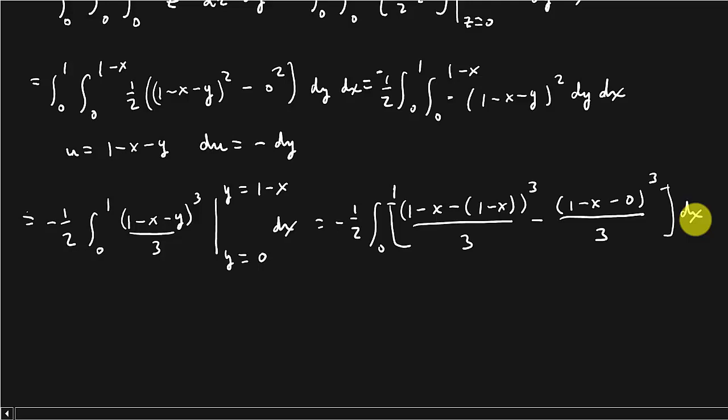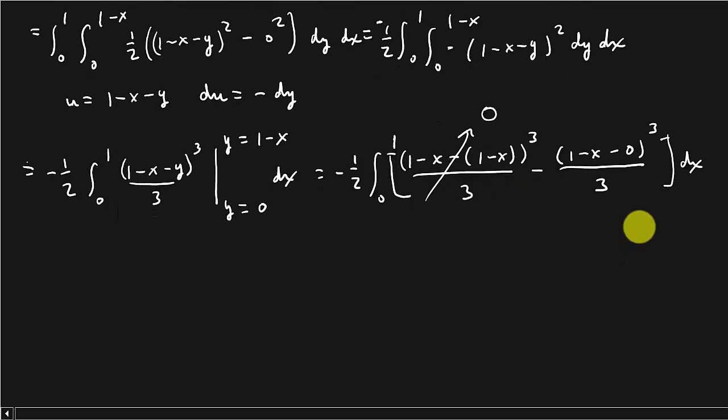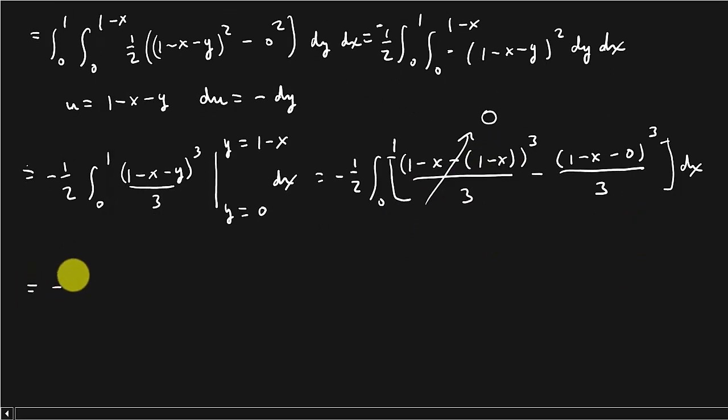All right, so let's see what we have. Now, hopefully you can see here 1 minus 1 is 0, negative x plus x is 0. This term right here is going to go to 0. And so that's going to leave me with negative 1/2, integral 0 to 1, 1 minus x cubed over 3 dx.